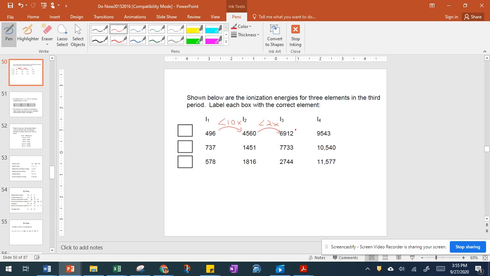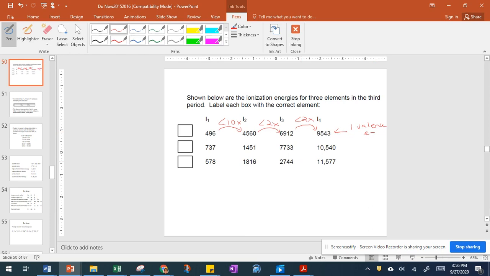I look at the next one, this is also a jump of less than 2 times. So I'm seeing the first jump is the largest of those. So what I do is I remember that before I see that large jump, I'm removing the last valence electron. This means this first element only has one valence electron.